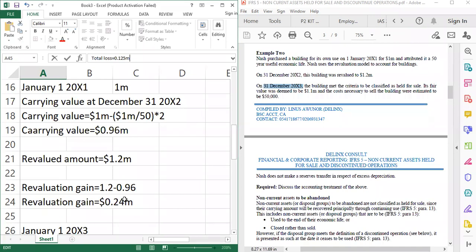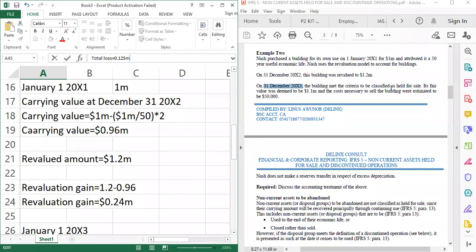Then the following year, you find the fair value of the asset as at the reporting period, which is the 31 December 2x3. As at this one, they say that the asset met the criteria to be classified as held for sale. Before you classify the asset as held for sale, you first have to measure the asset to its fair value, because the asset is carried under the revaluation model.